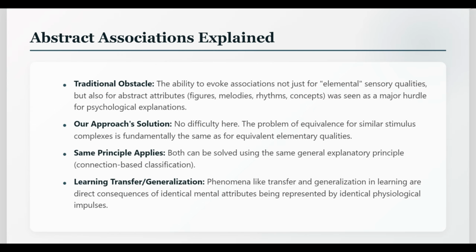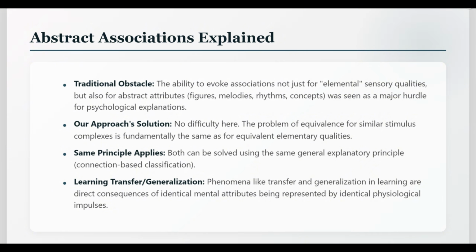This framework elegantly handles a classic problem. How do we perceive abstract things like melodies or concepts, not just basic sensations? Traditionally, this was seen as a major hurdle for purely psychological explanations. But here, it's no problem. The problem of why different combinations of notes sound like the same melody is fundamentally the same as why different light frequencies look like the same color.